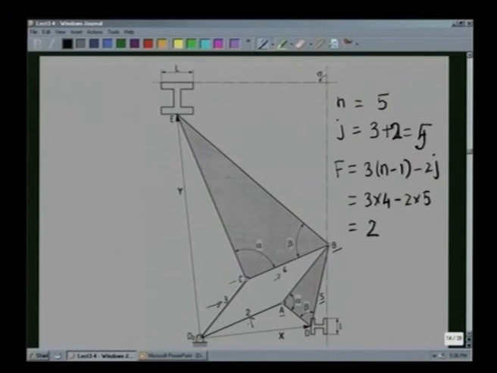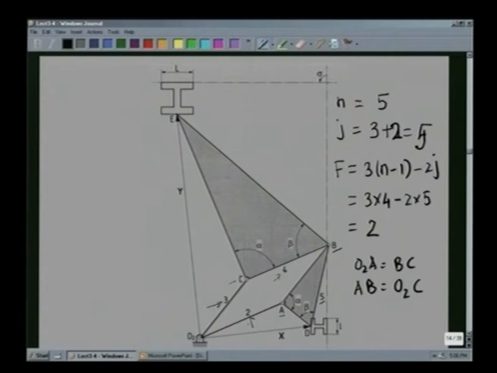Now, let us consider this O2ABC to be a parallelogram, that is, link length O2A is the same as BC and link length AB is the same as O2C. Thus, O2ABC is a parallelogram.